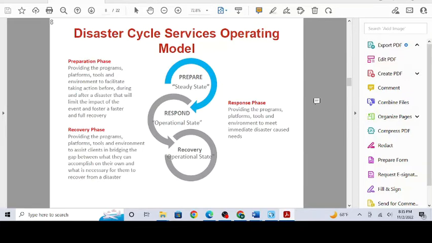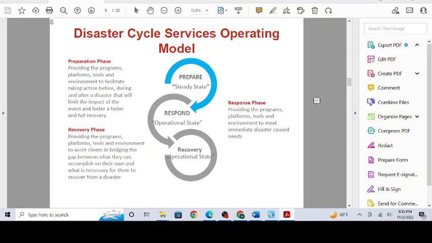In a response phase, the main focus of the operation is meeting people's immediate survival needs. Or if you want to personalize it, you're trying to answer the questions of where am I going to sleep tonight and where's my next meal coming from?